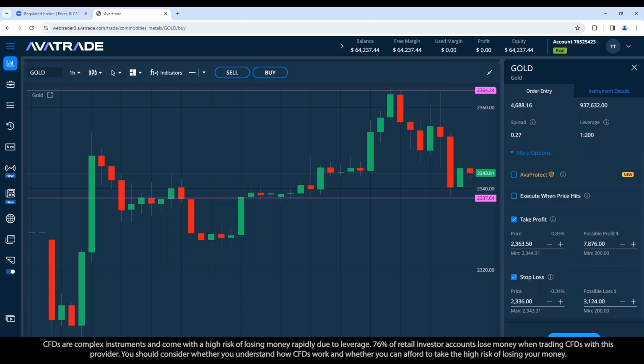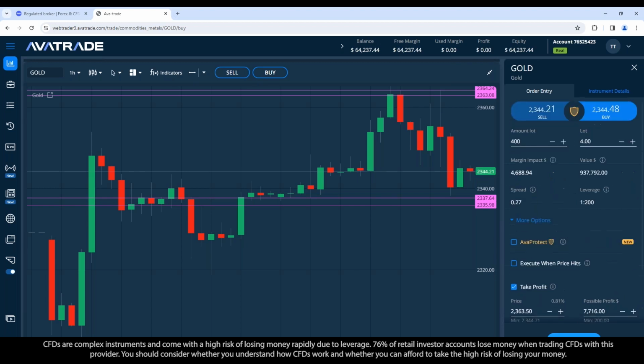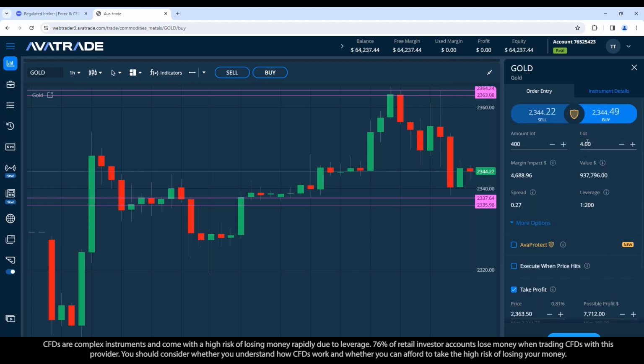Now I just need to adjust my trade size to be the amount that I'm comfortable risking. I've got my stop loss down here below the support, okay, 2336. I've got my take profit up here before the resistance, okay? And so now I'm just adjusting my trade size to be the amount of risk and potential profit that I want to put into this trade.